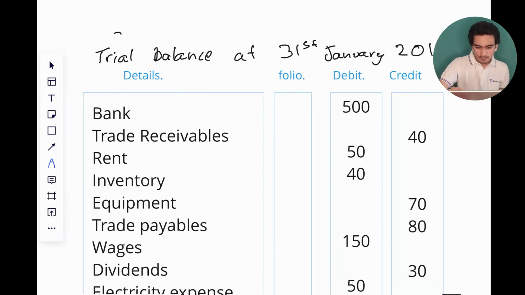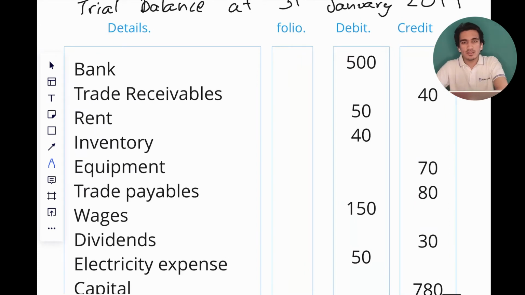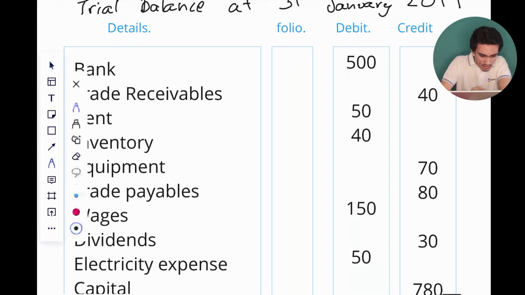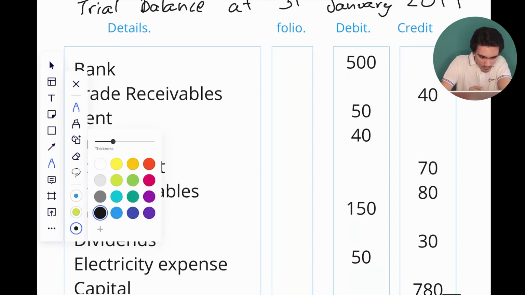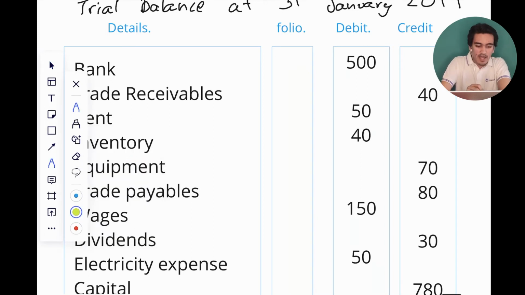Now let's check out each of our accounts and see whether we have added the balance on the correct side or not. Our bank account. So let's select a few different markers. Perfect. So a bank account is an asset, and that's why it's on the debit side. That's correct.